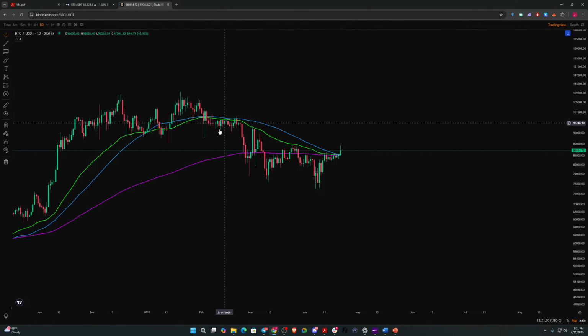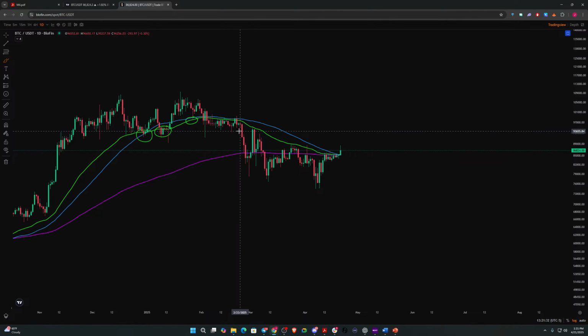Whenever Bitcoin crossed below these and actually stayed below them for a few candles, that marked a shift in the trend. You can see here, it bounced off them as support, and then it couldn't close above, bounced off as support. This wick bounced off as support, and then finally, when it stayed below them for multiple candles, that's when they acted as resistance. So you can see clearly these moving averages are very significant, especially on the daily time frame.